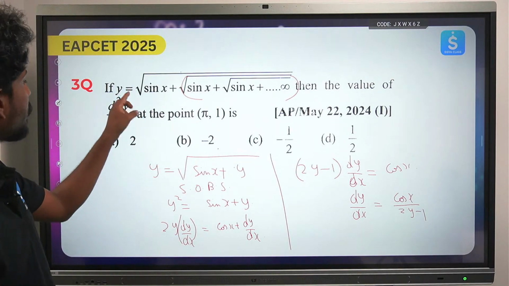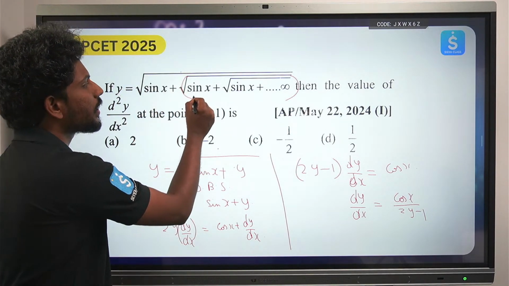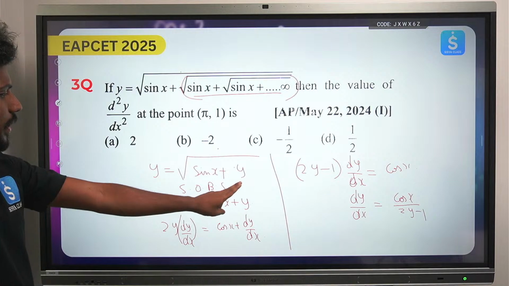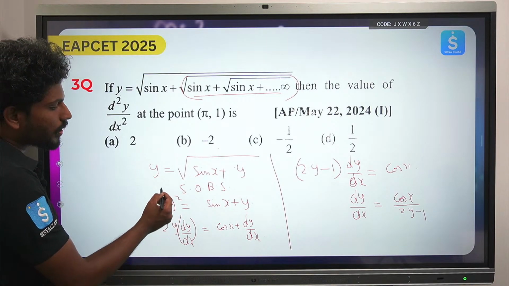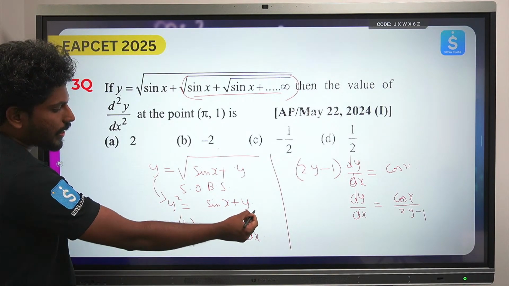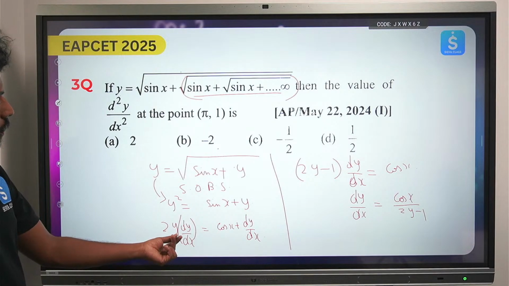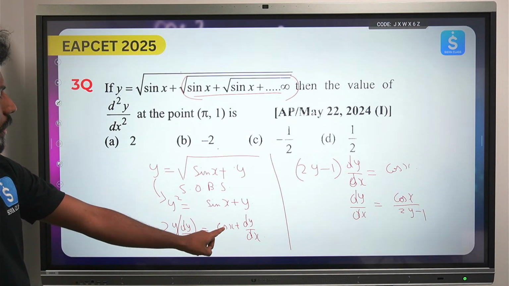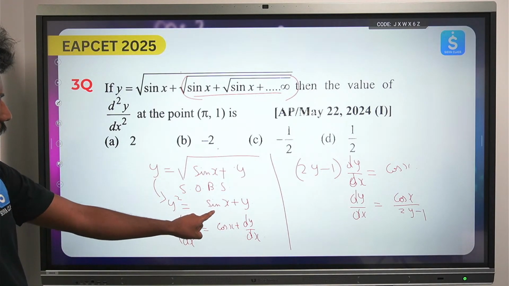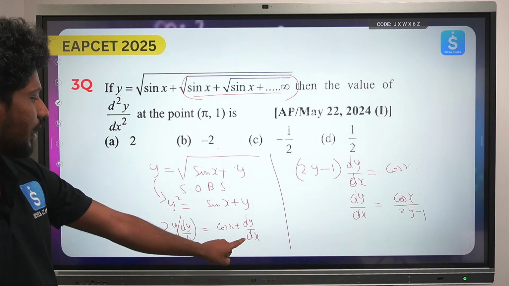Y is equal to under root of sin x plus sin x. I have just taken it as y, squaring on both sides, y square is equal to sin x plus y. Differentiating, 2y into dy by dx is equal to cos x plus dy by dx.